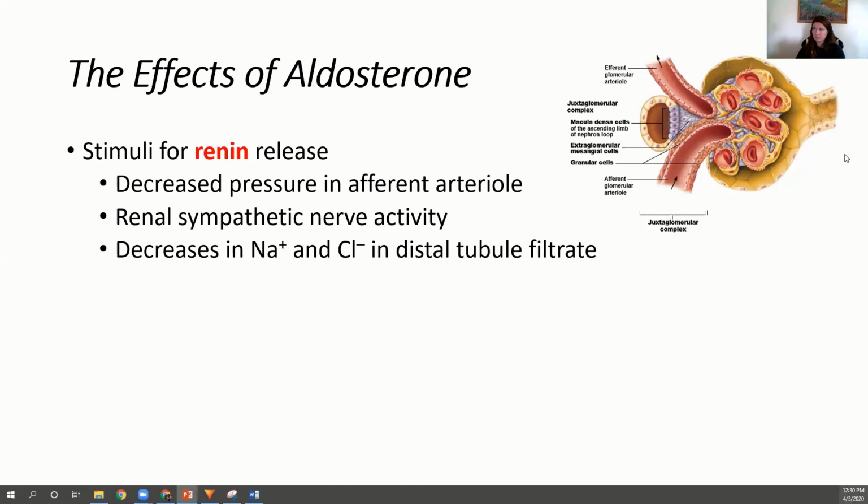As we have fluid being filtered out of the glomerulus, everything that's in the plasma is being filtered into our proximal tubule.